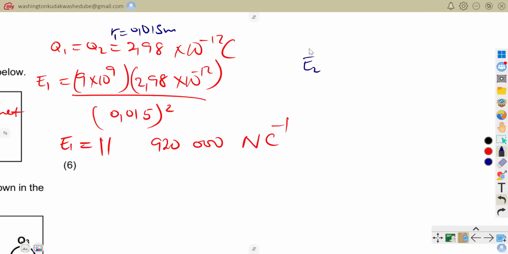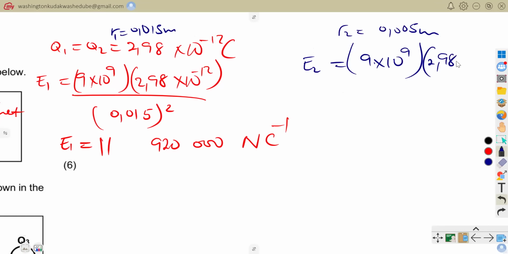Now R2, we say that R2 is what? 0.05 meters. So E2 would be equal to 9 times 10 to the power 9, and then 2.98, because they have the same charge, times 10 to the power negative 7, divided by the distance in which they are acting, and then squared.